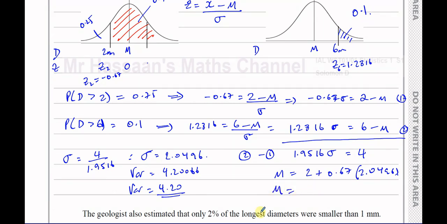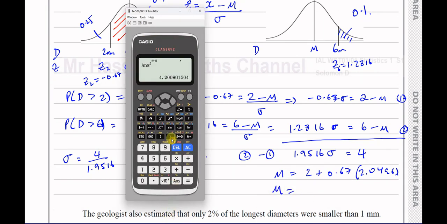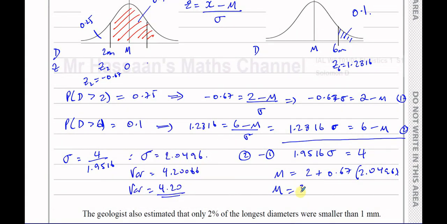I'll multiply this by 0.67 and add 2 to it. And that gives us 3.3732. So therefore we can say our mean is equal to 3.37.